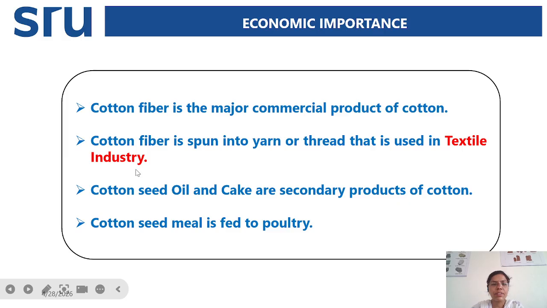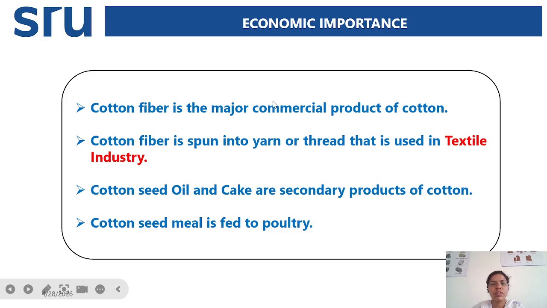Generally, the fiber obtained from cotton is spun into thread, which is used in the textile industry. From cotton we have a primary product and secondary products. The primary product is the fiber, whereas the secondary products are cotton seed oil and cake. The cotton seed meal is used to feed poultry.